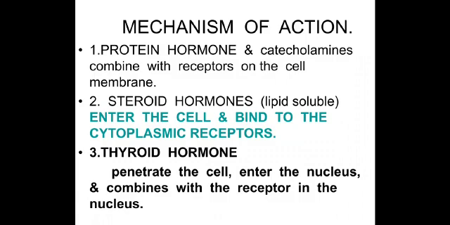The steroid hormones, as they are lipid soluble, enter the cell and bind to cytoplasmic receptors, forming a hormone receptor complex, and thereby they initiate the whole cascade of actions. The thyroid hormones penetrate the cell and enter the nucleus. They bind to the nuclear receptors and thereby initiate the actions.